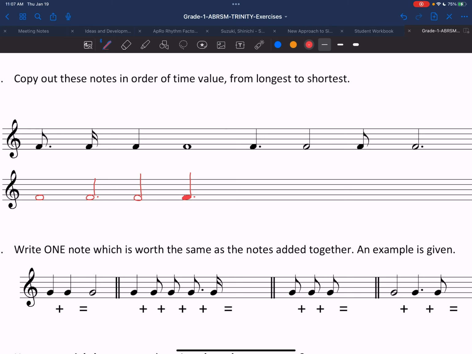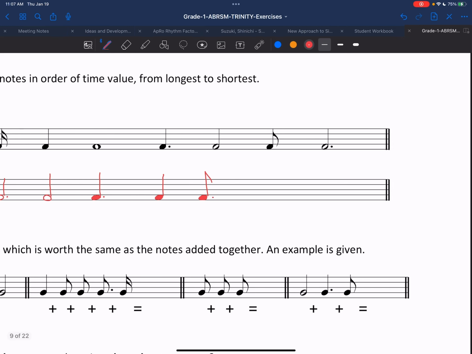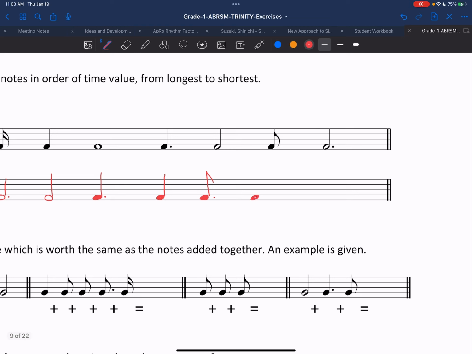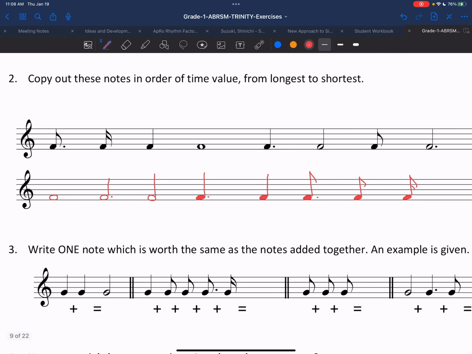Then we go to the quarter note. Then we have the dotted eighth note. We have the eighth note. And the last one would be our 16th note. So there we have our notes copied out in order of time value from longest to shortest.